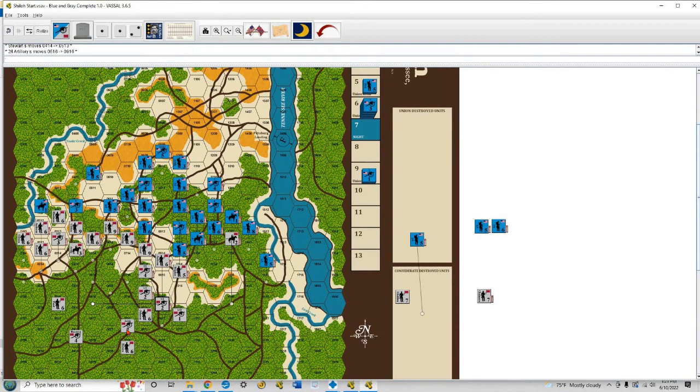And where else can I fire? I don't think he's going to have a line of sight there if I moved artillery up. So, 1, 2, 3, 4, 2. 2, 4, 6. 2, 3, 4, 5, 6. 4. Okay. So we can put a lot of guns on this guy here. I think that's it for movement.